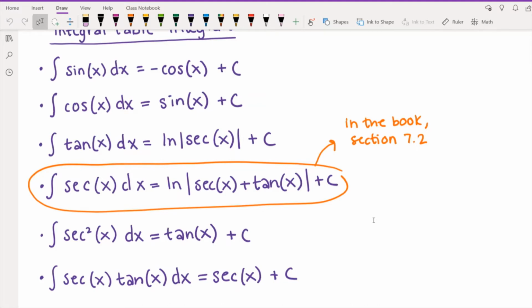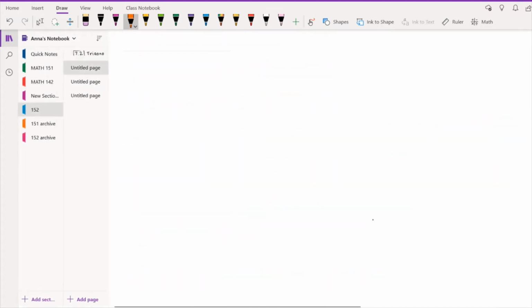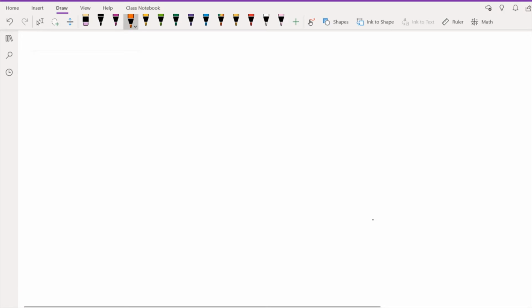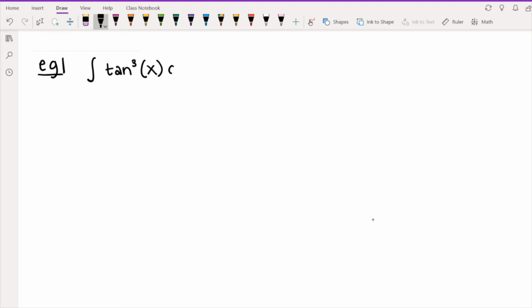Okay, so the first thing I want to do is a couple of examples along the lines of what we did in the last video, but a little bit different. The first one is the integral of tangent cubed of x dx.